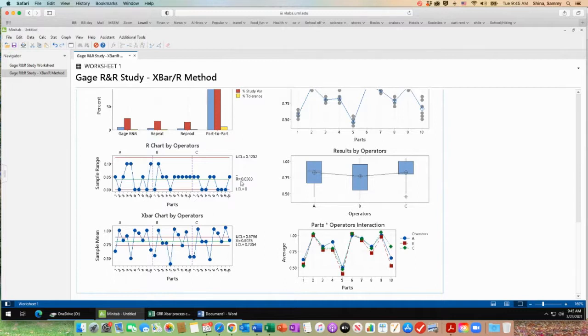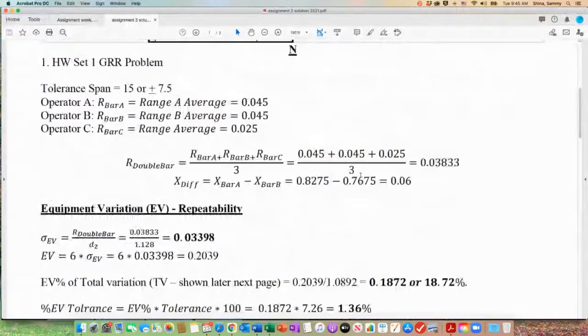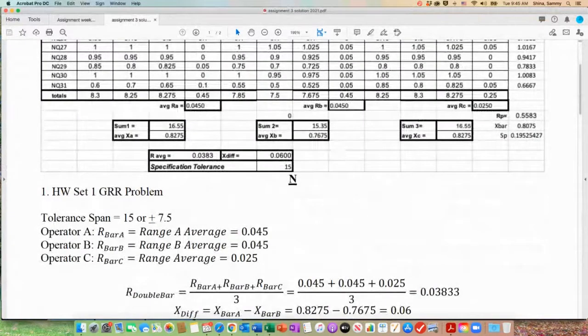So if you remember the R bar, 0.0383 on the R chart by operator, that's the grand R bar that we have in our homework. 0.0383 is the R bar, and I don't know if you can see it, it's a little small. That's the one right here. R average 0.0383. That's the R bar.